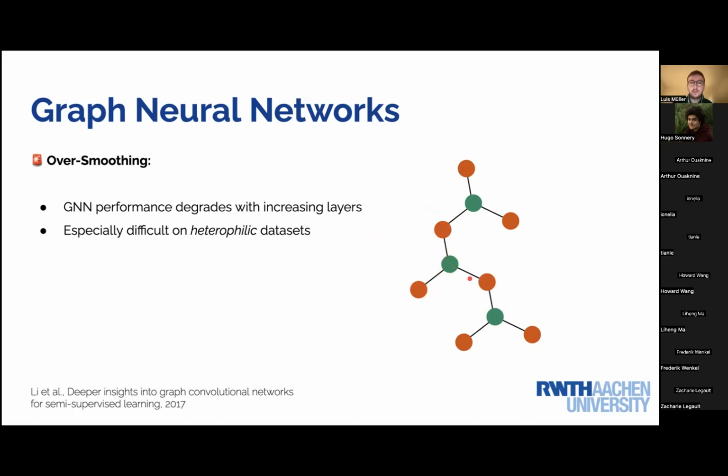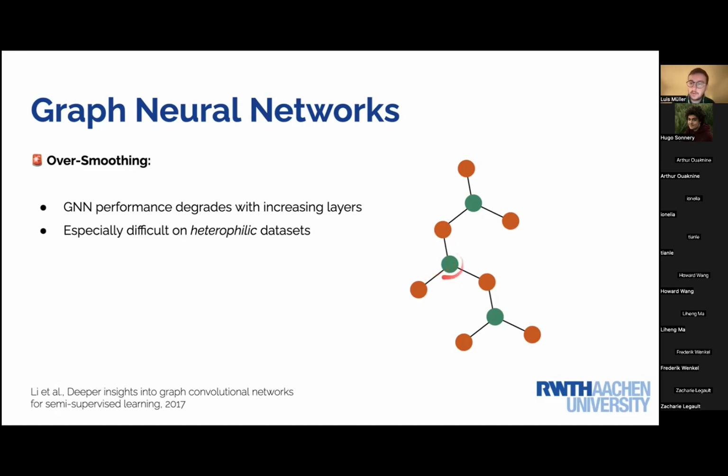What's even worse is that the orange features and the green features blend together, and all features end up going closer together. The more layers you stack up, the more smoothing happens. This is one of the crucial problems of graph neural networks, and there's a lot of work on mitigating this issue.